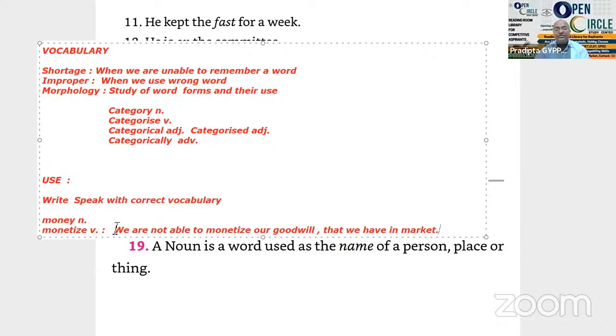Now, Sashwat, could you tell me what's the meaning of this sentence? What do you mean by goodwill?